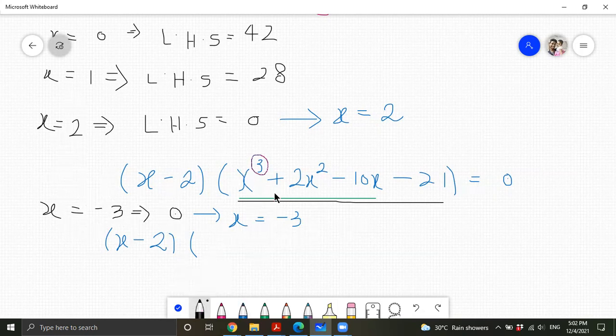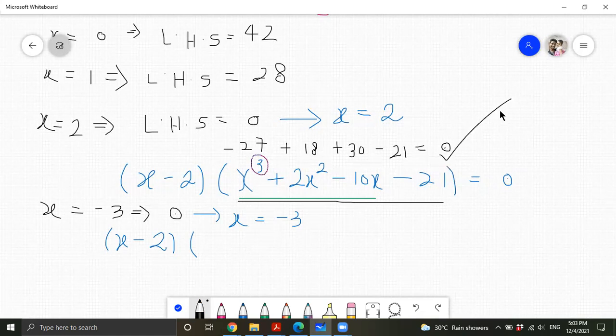If you don't believe, let me find this value when x equals minus 3: minus 27 plus 29, 18 plus 30 minus 21. When you solve this, it makes 0, right? That's why I put x minus 3.